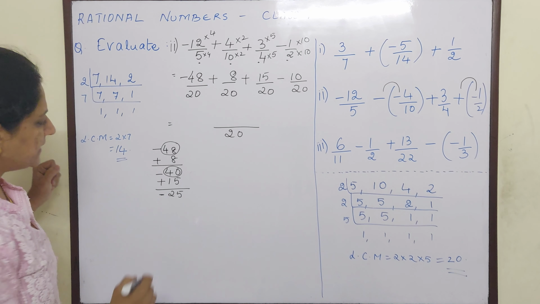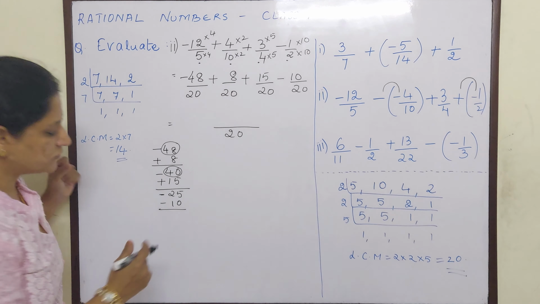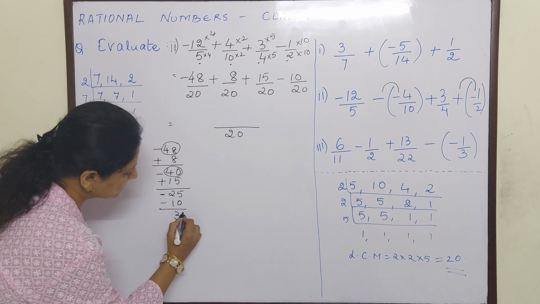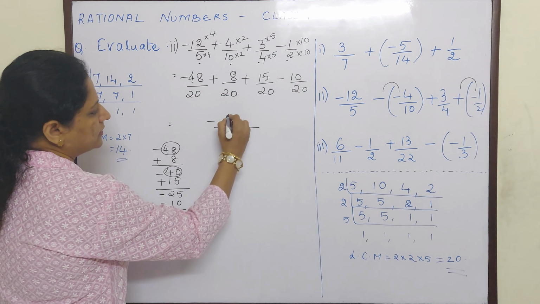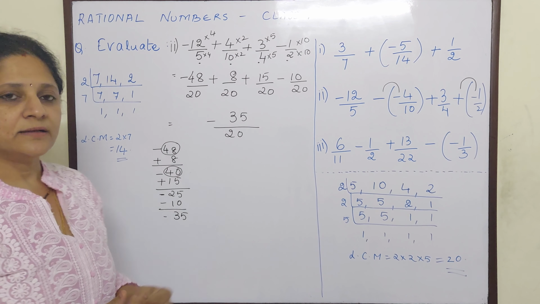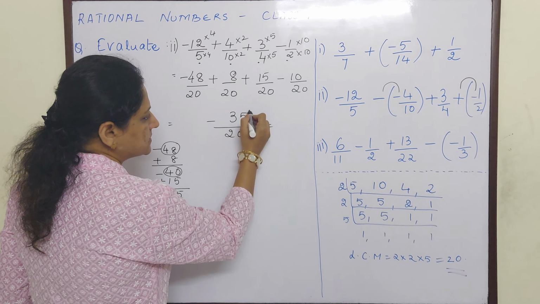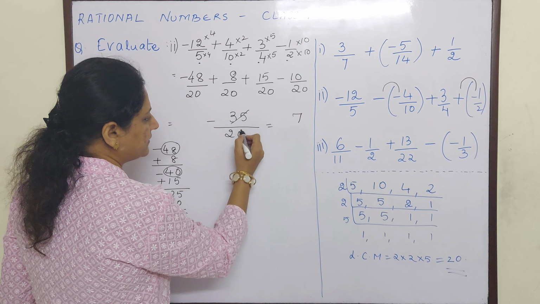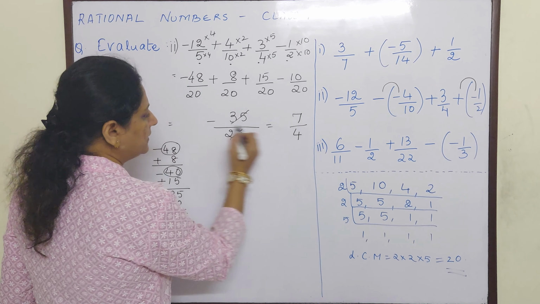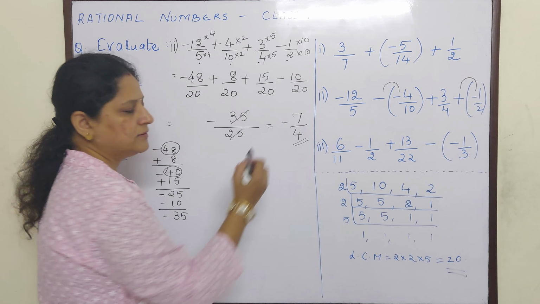Minus 25 minus 10: both are minus, so you add and put the minus sign. So your answer is minus 35 by 20. Now 5 is a common factor: 5 sevens are 35, 5 fours are 20, with the minus sign, so minus 7 by 4 is your final answer.